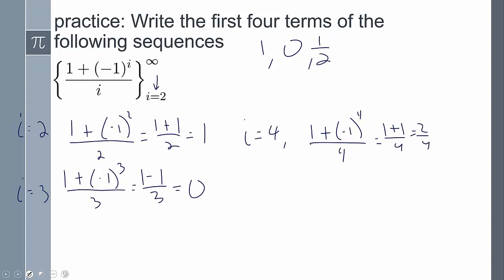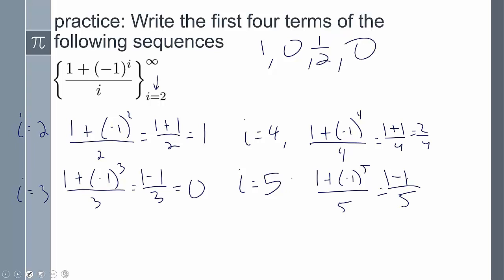And then i equals 5. I get 1 plus negative 1 to the fifth all over 5. Once again, 1 minus 1 over 5, so that gives me 0. So there are my first 4 terms of the sequence.